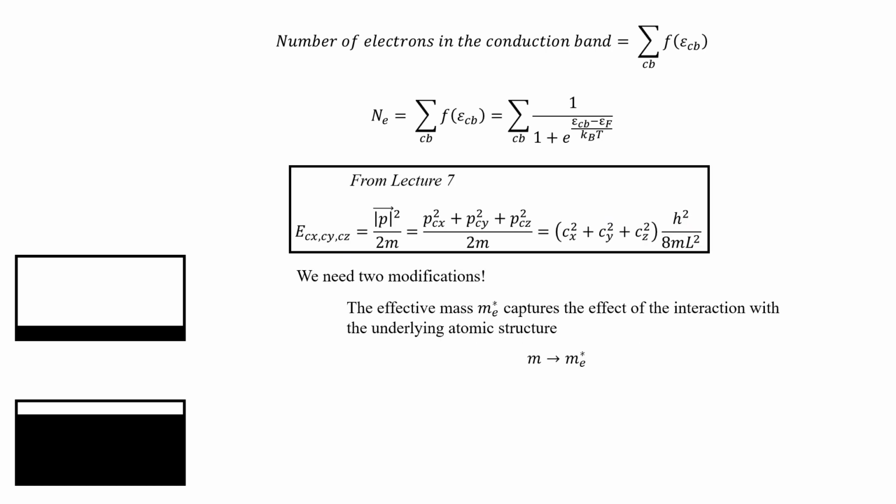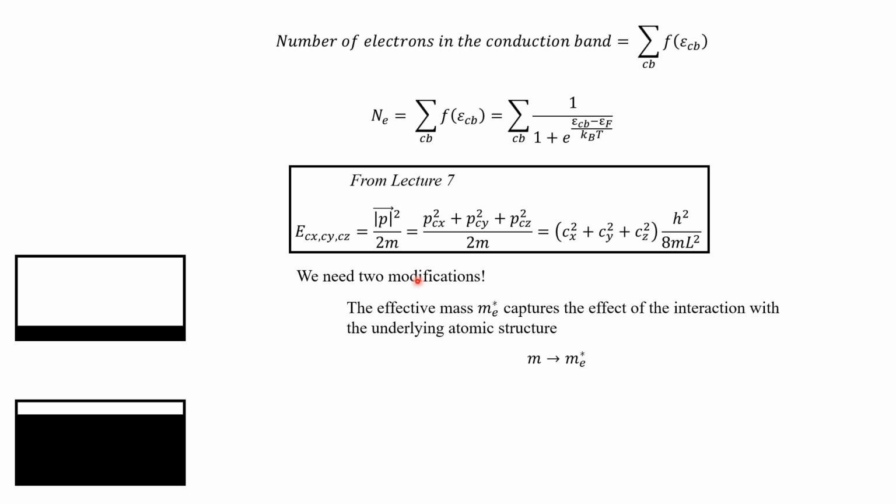But we need to do two modifications in this expression. So the first modification has to do with the effective mass. So recall that I mentioned that the interaction of the electrons with the underlying atomic structure is weak. But that's not to say that it does not exist.